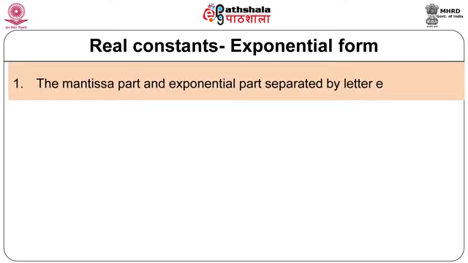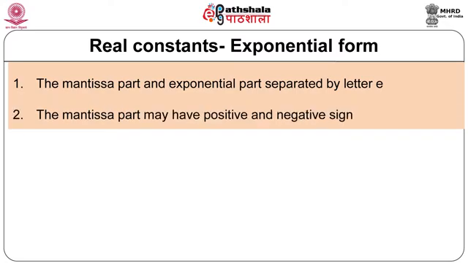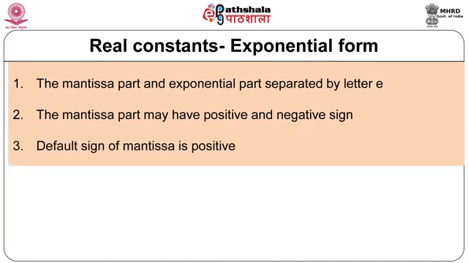The exponential form real constant can be separated by the letter E. The mantissa part and exponential part are separated by the letter E. The mantissa part may have a positive or negative sign. The default sign of the mantissa is positive.